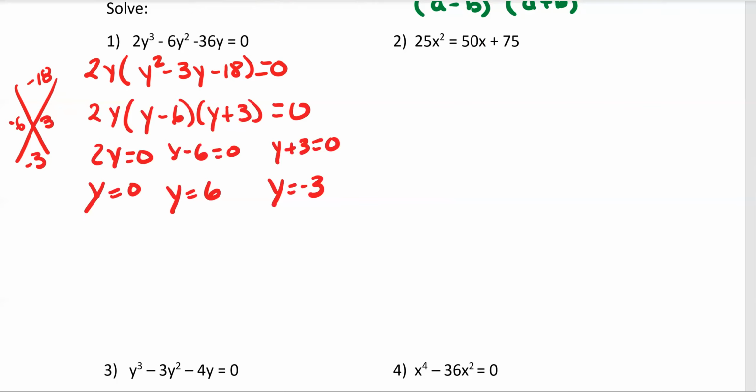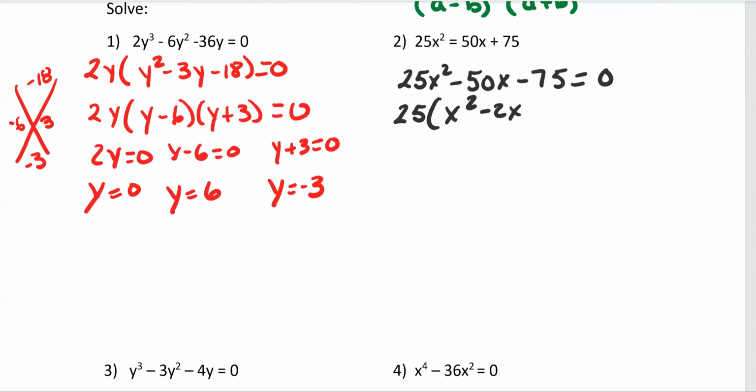Number 2, this must be equal to 0. So I need to subtract 50x from both sides, subtract 75 from both sides. I can see that there's a greatest common factor of 25. Now we just need the factors of negative 3 that add to negative 2.